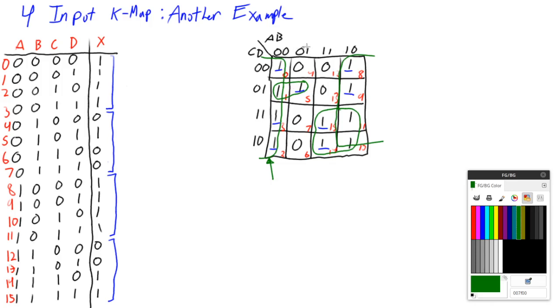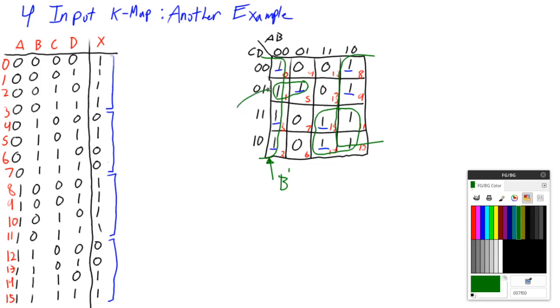A is 0 here and a 1 here. B stays the same, and it's a 0, so that means it's B naught. And then as we go down this whole column, C and D both change. So C is a 0 here, it's a 1 here, it's a 0 there, it's a 1 there. So that means this group of 8 is represented by just B naught.